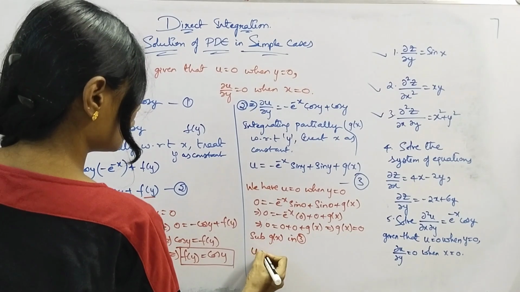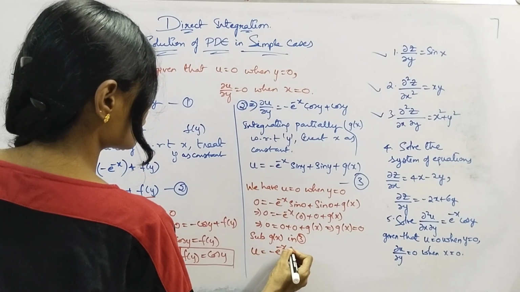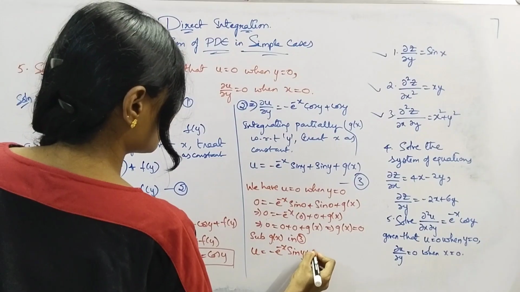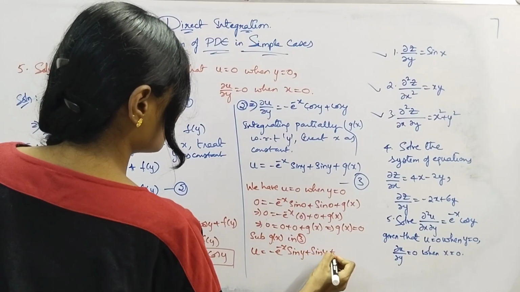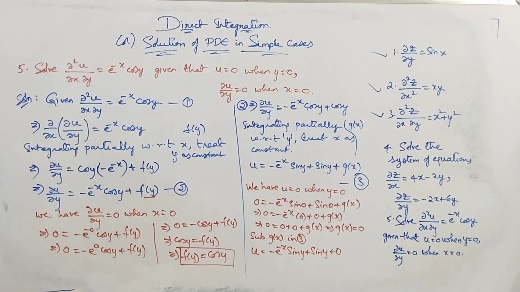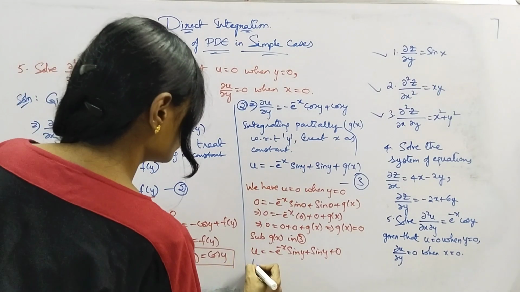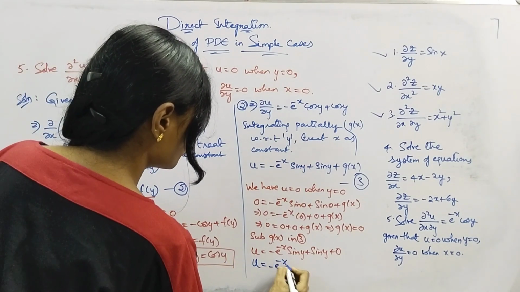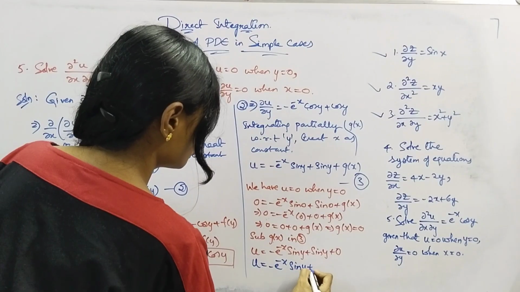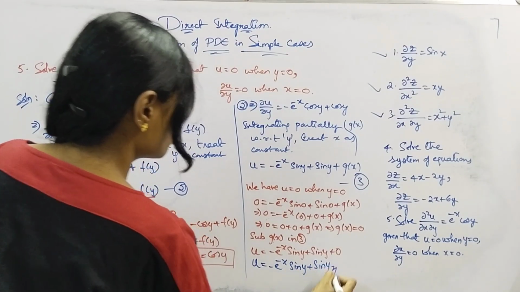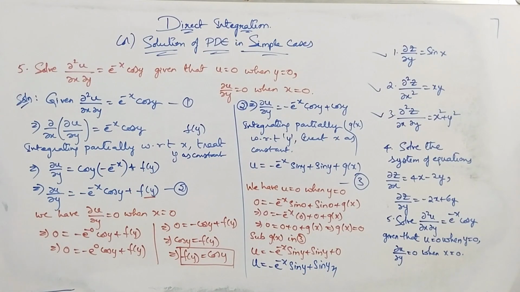You'll get u equal to minus e power minus x sin y plus sin y plus 0, which gives us u equal to minus e power minus x sin y plus sin y, which is the required solution to this problem.